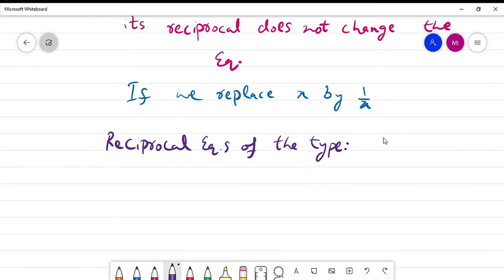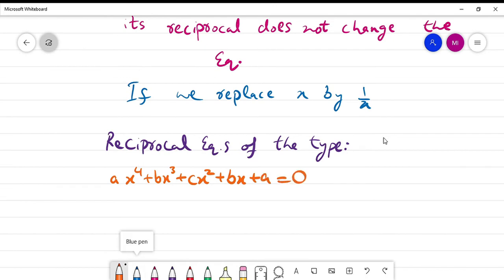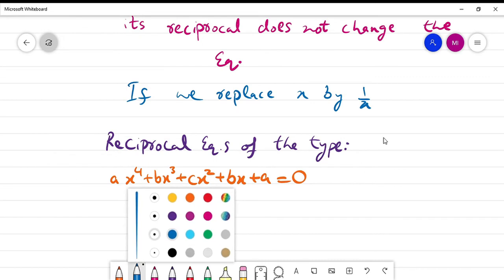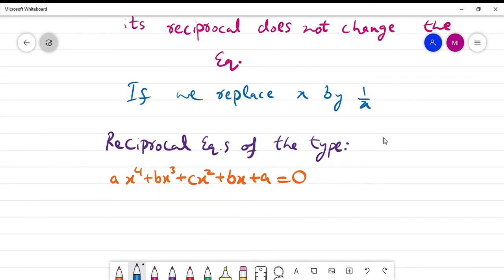Reciprocal equations of the type ax to the fourth plus bx cubed plus cx squared plus bx plus a is equal to 0. Now pay attention here. Right here, this a and this a, this isn't just some random coincidence that I wrote it like that. It must be like that.